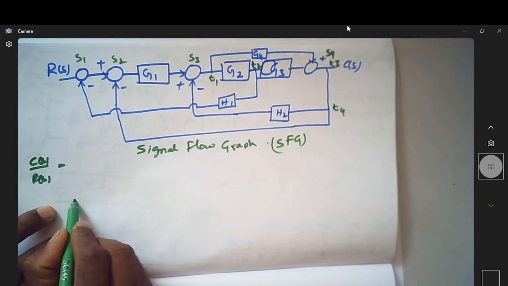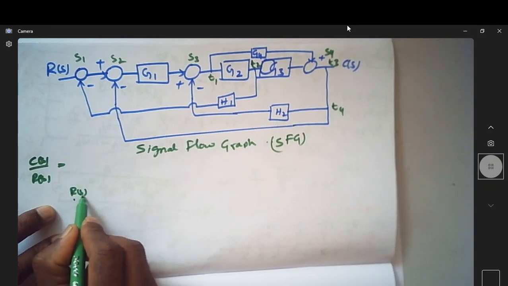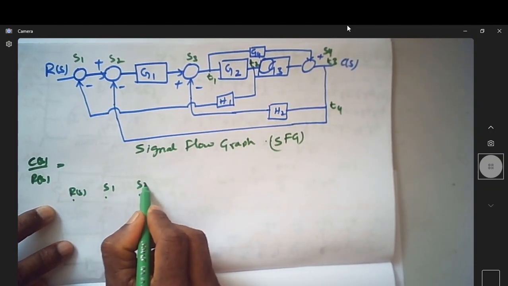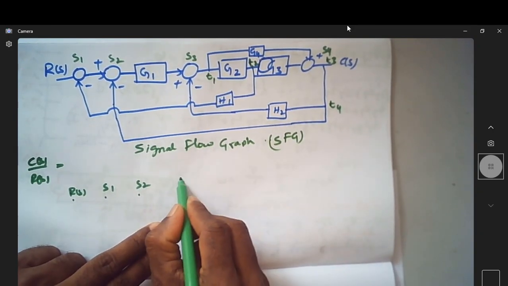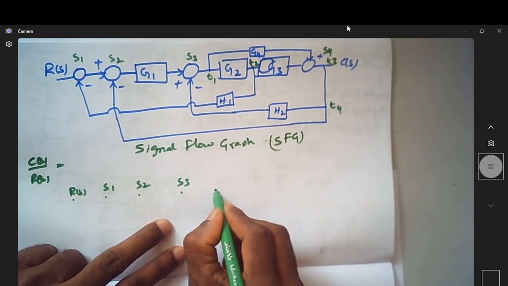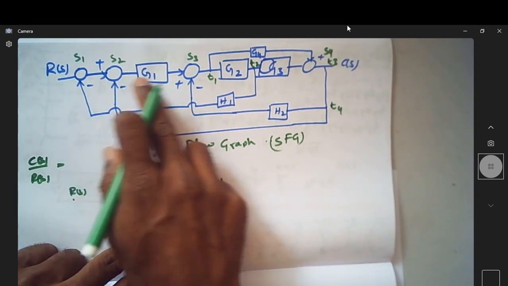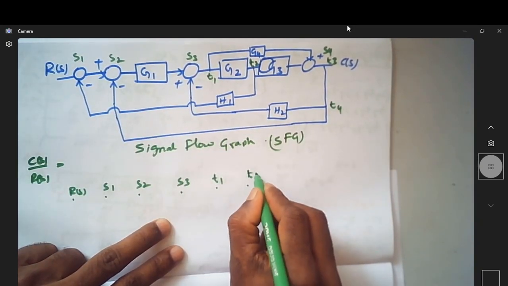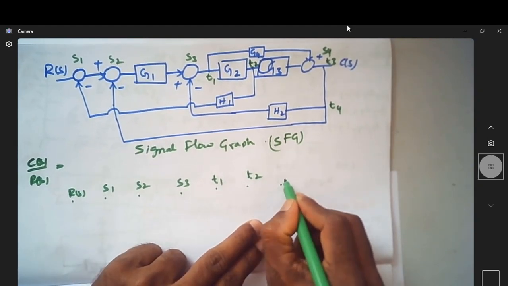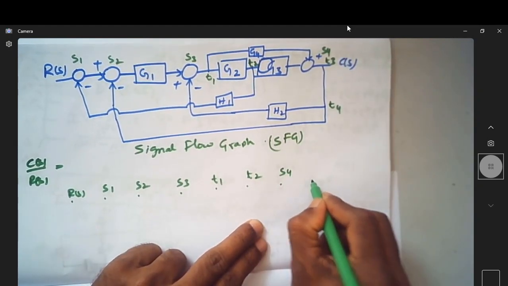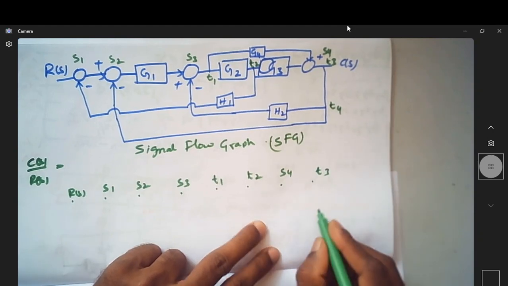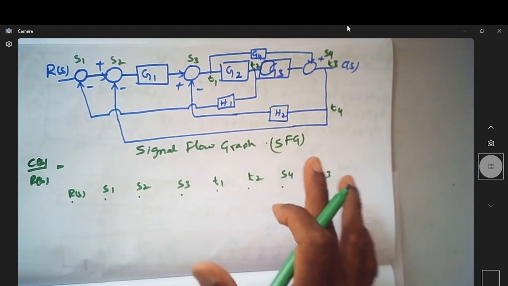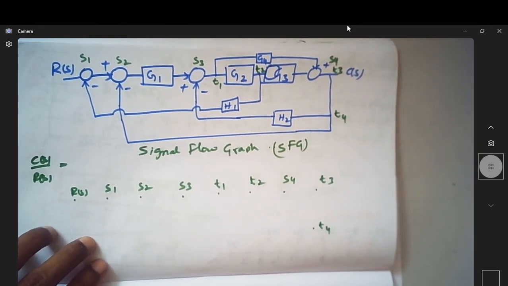So we have RFS, this is S1, this is S2, the third node is S3, and we are just writing in the same order as it has been named. So this is T2, then this is S4, then this is T3. Let me write this as T4. The location, let it be as it is over here.